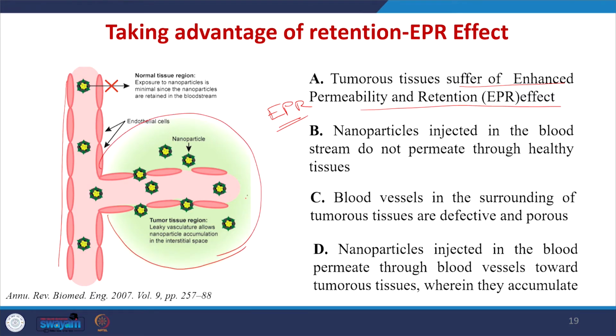This green color is the tumor region, where you can see that there are a lot of leaky blood vessels. Due to that, if you are making a nanoparticle between 70 to 200 nanometer polymeric nanoparticles, this will be trapped in this tumor location and that will kill the tumor cells.